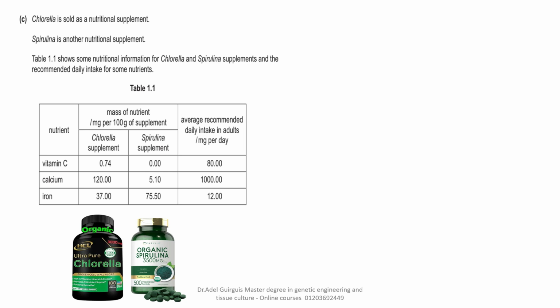The second column is the mass of nutrients, in milligrams per 100 gram of supplement, for both Chlorella and spirulina. Here is the average recommended daily intake in adults, milligram per day. Look, what about the question here?